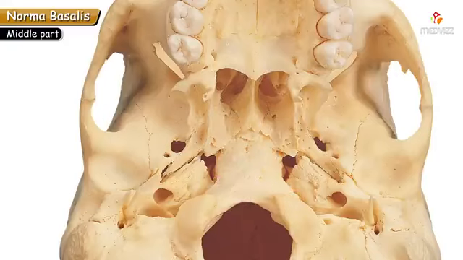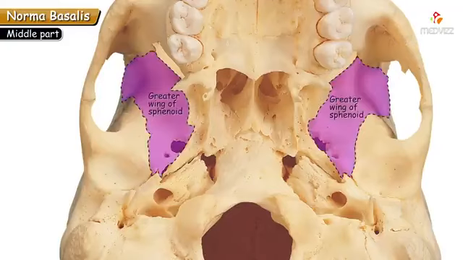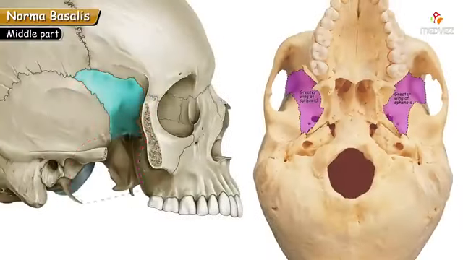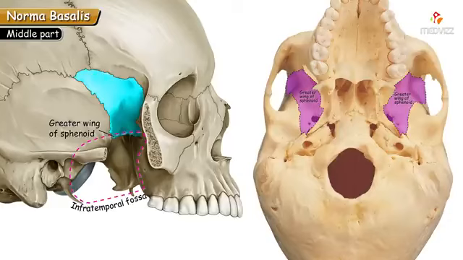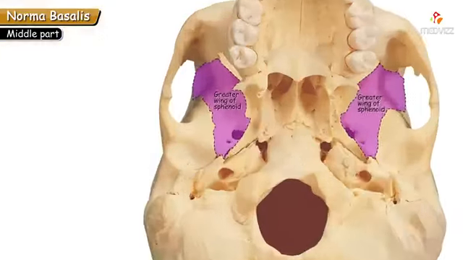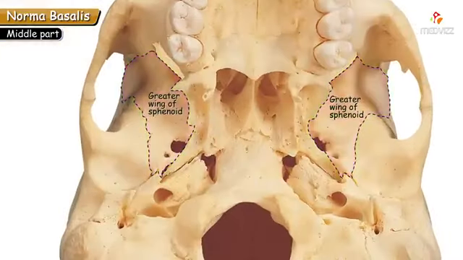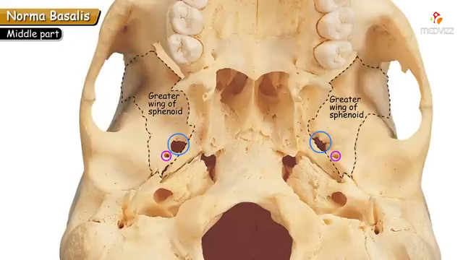The lateral surface, we know, is majorly formed by the greater wing of sphenoid, and this greater wing of sphenoid also forms the roof of infratemporal fossa, which is also well appreciated in Norma lateralis. And over the sphenoid, there are two important foramina.